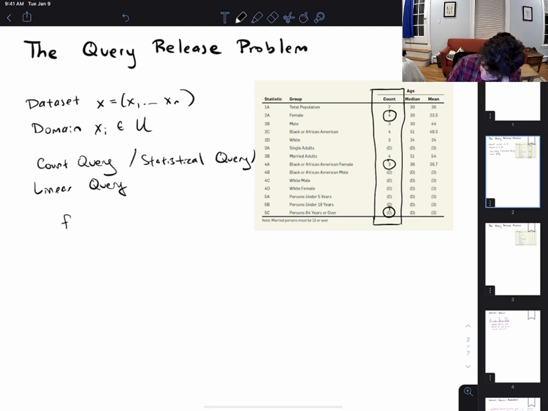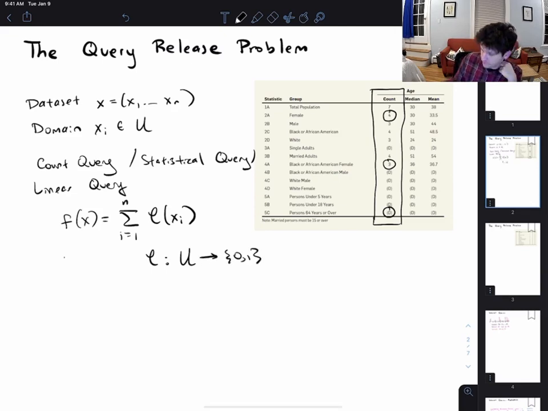It asks for the sum over all the people in the data set of phi of xi, where phi is some function that takes an element of the universe and maps it to 0, 1.